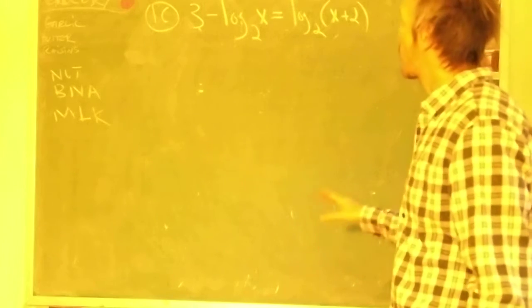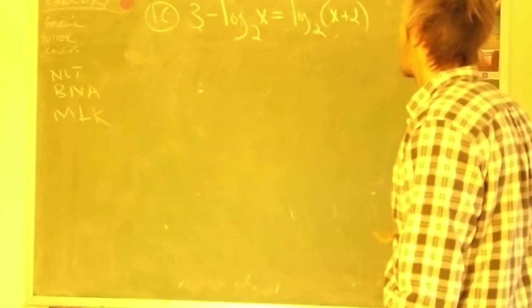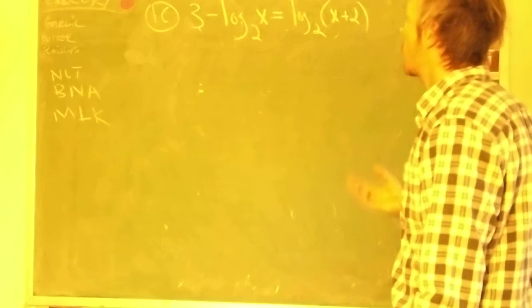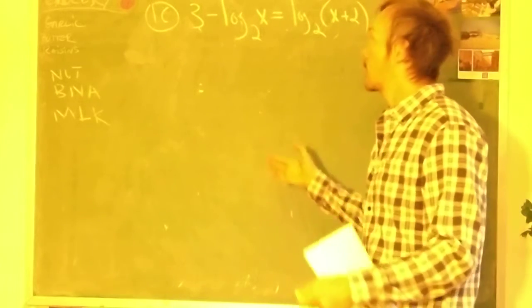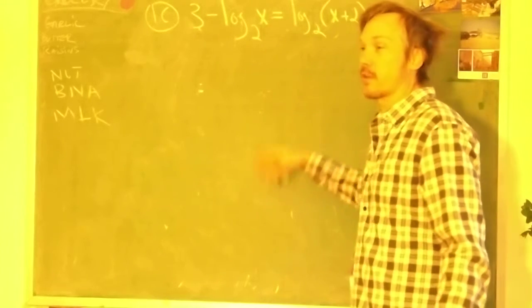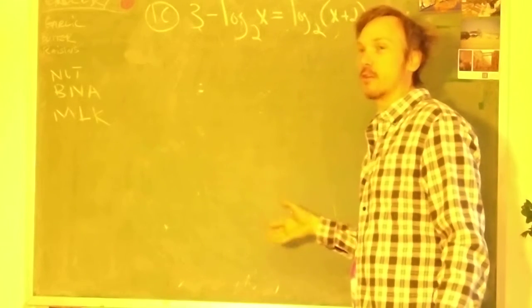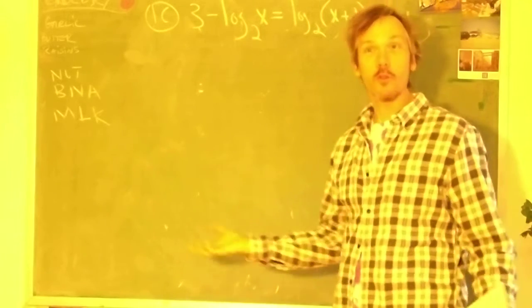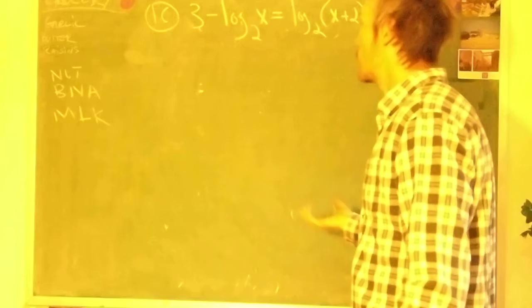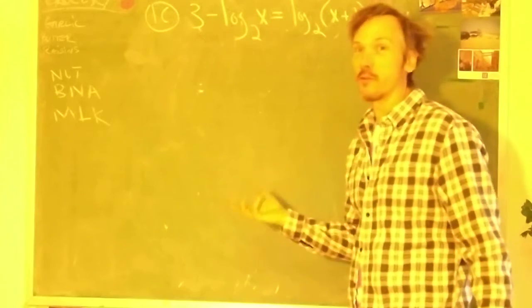Now, the procedure for solving a log equation is similar to solving an exponential equation, which is if you don't have any immediate tricks that you can do, then you want to gather all the log expressions on one side of the equation and all the non-log expressions on the other side, and then probably convert it to an exponential equation, and that'll generally allow you to solve for the variable.